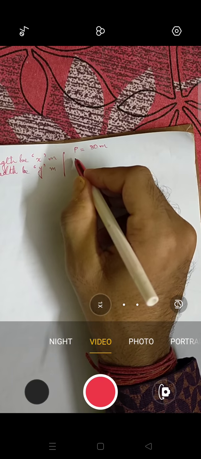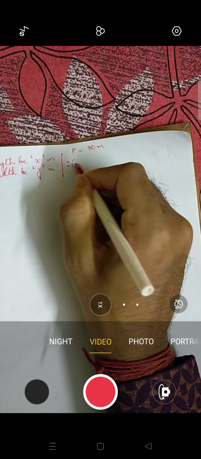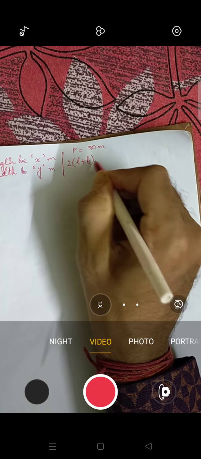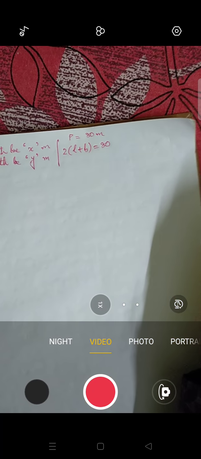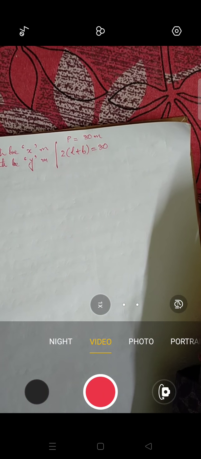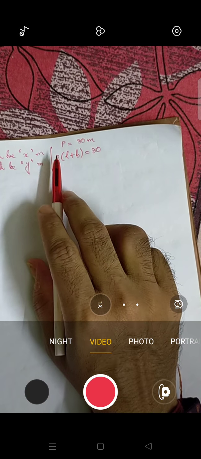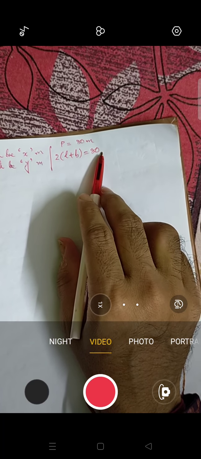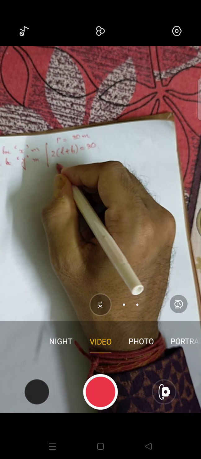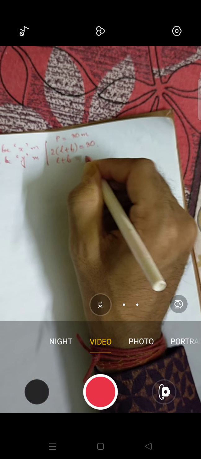Now perimeter of a rectangle is 2 into (L plus B) equals 80, correct? This 2 is multiplied, so if I transfer it to that side, it will be in divided form. So can I say that L plus B equals 40?